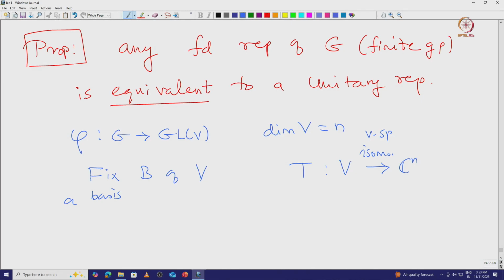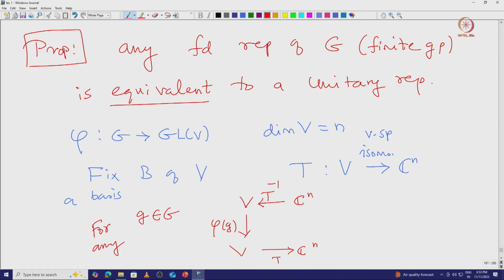So, how do we do this? We can just use the diagrams. So, we have V, and given an element g in G, we have the action on V given by phi of g. Now, we have this isomorphism between Cn and V. So, in order to get the action of G on Cn, we can just simply trace these maps.